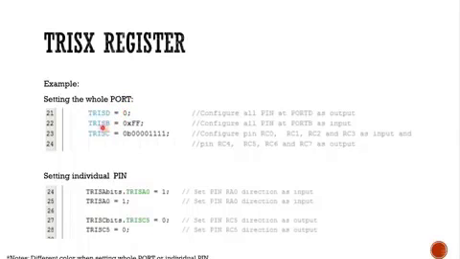Then if you look at TRISB, TRISB FF means the whole bits from port B, which is 8 bits, are set to 1111 1111, so it is set to input. Okay, so we set port B as input, and we set port D as output. Why input, why output? Because 0 means output, 1 means input.